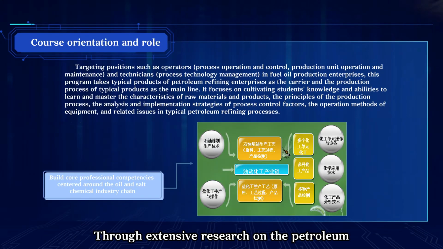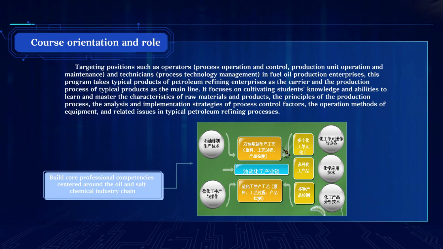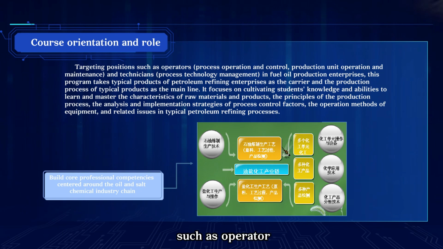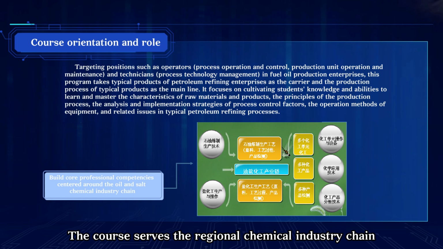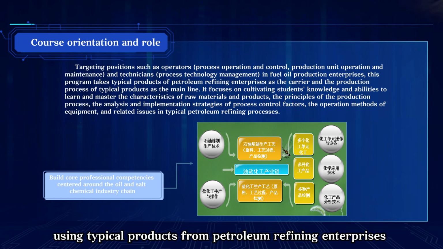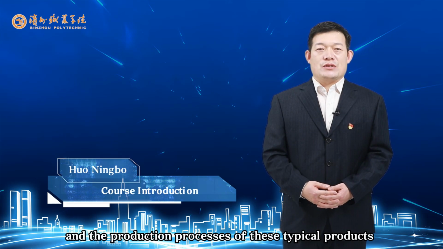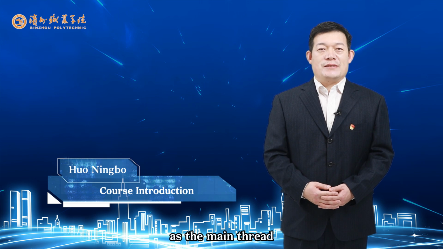Through extensive research on the petroleum refining industry and typical enterprises, it has been determined that this course targets positions such as operator, promotion positions, and technician roles. The course serves the regional chemical industry chain, using typical products from petroleum refining enterprises as the carrier, and the production processes of these typical products as the main thread.